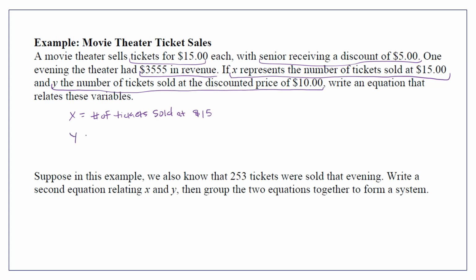And we're going to let Y represent the number of tickets sold at the discount price of $10. Okay. Now we know that the tickets cost $15, so that's the regular price.